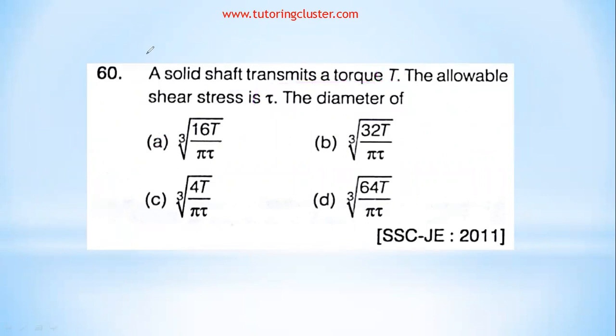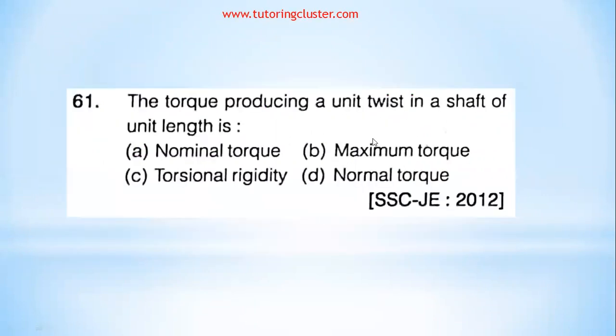Next, question number 61, asked in 2012. The torque producing unit twist in a shaft of unit length is? Okay, what is the torsion equation? See here, T by J is equal to G theta upon L. Now, what will be TL upon J?